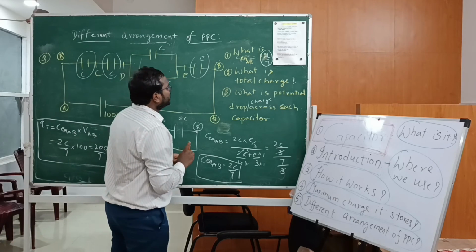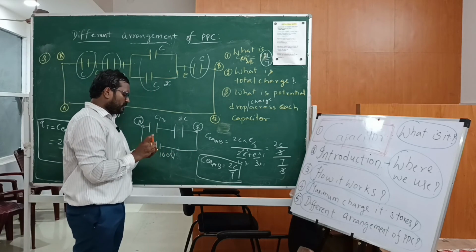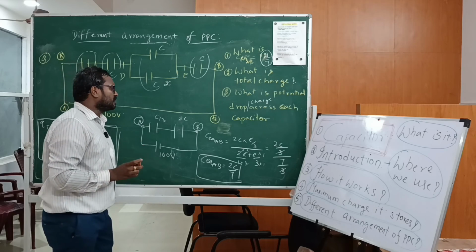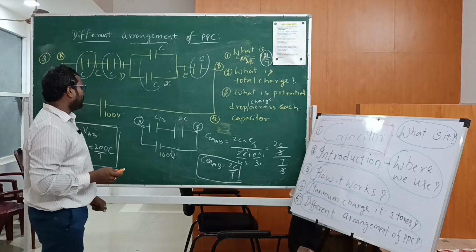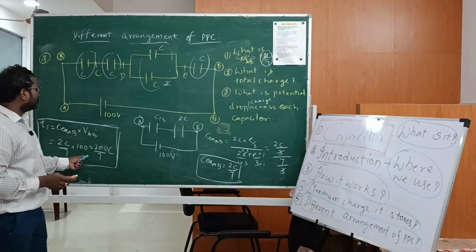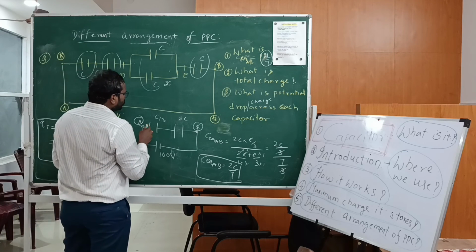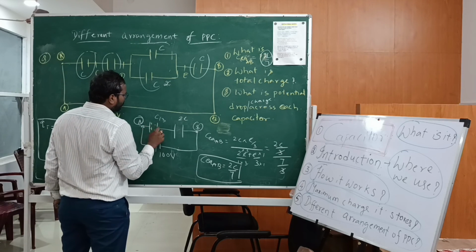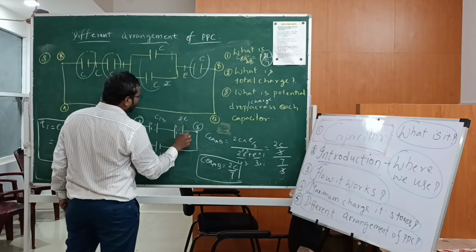Now what is the potential drop and the charge stored across each capacitor? We know that in series the same charge will be there. We have positive, negative, positive, negative.